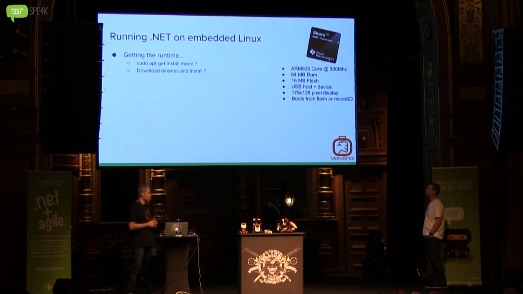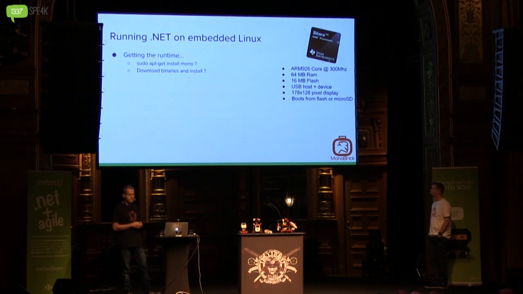So then we thought maybe we could just download the binaries somewhere, but that is not really easy, because the correct binaries have to be made for this specific processor core, and the Linux environment and everything has to match up.